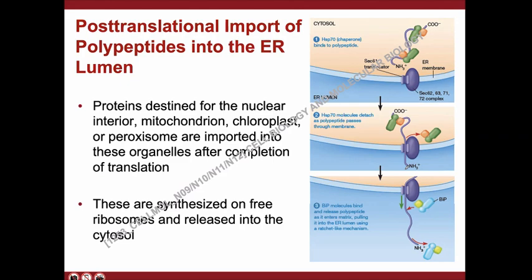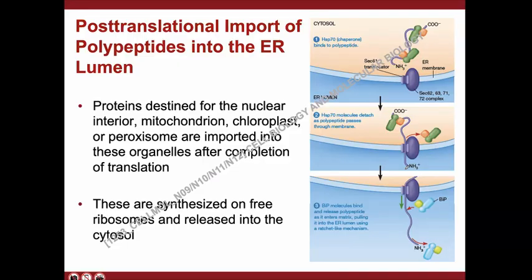Because these proteins are synthesized on free ribosomes and released into the cytosol, each protein must carry a target signal that directs it to the correct organelle. So they have a tag that says this is for mitochondria, this is for chloroplast, etc.